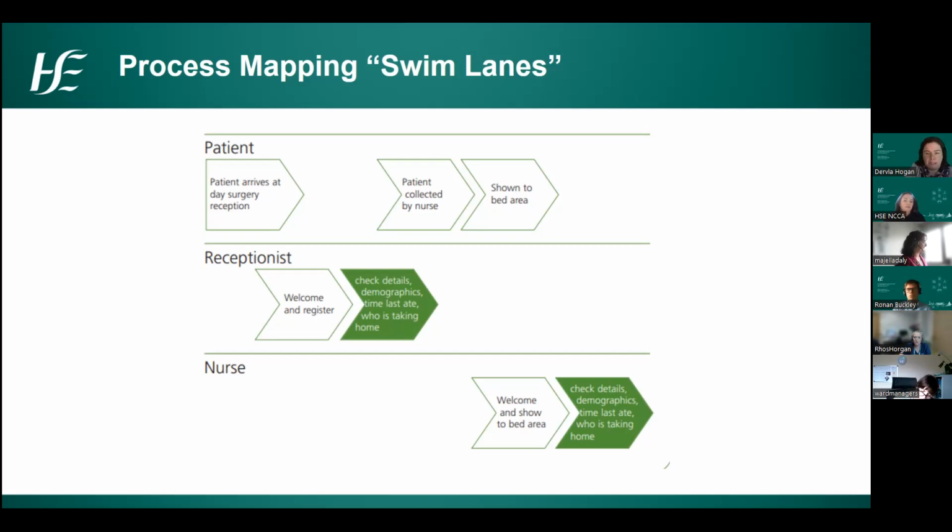So the one you're looking at here demonstrates patients and staff roles in admitting a surgical patient to the ward. So it just really allows you to see where the duplication is occurring for both the receptionists and the nurse. And is that clinically required duplication, or is that duplication that you can review and lean down the process? So that's part of what the process mapping allows you to do.